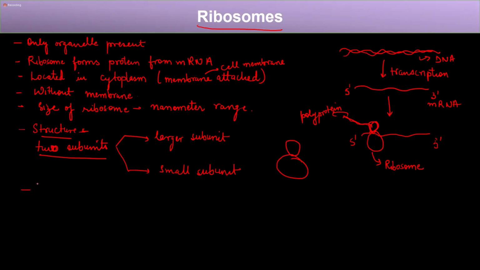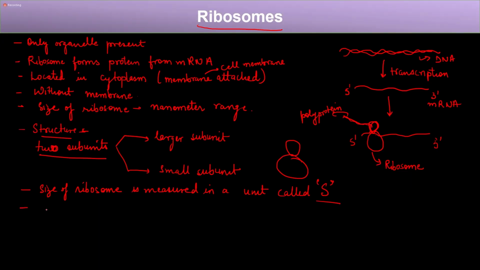Just like if you want to measure the length of something, you can measure it in meters, similarly the size of a ribosome is measured in a special unit called S. In bacteria, in a prokaryotic cell, the ribosome is 70S.